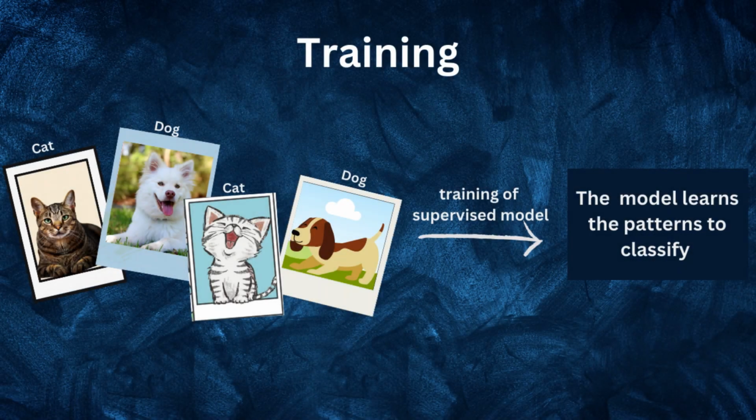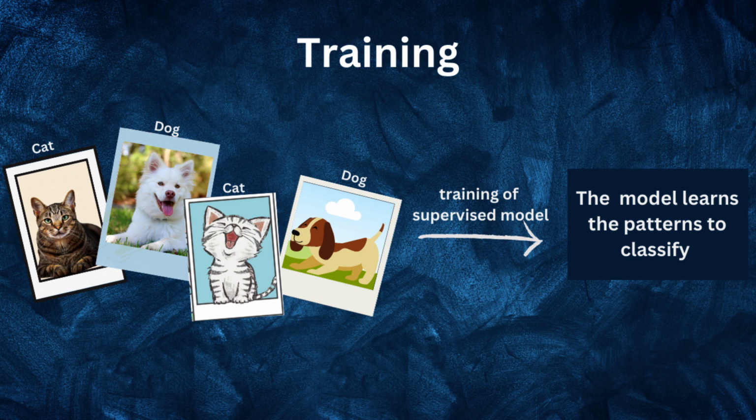Let's use an example to understand supervised learning. Imagine we have a collection of images of cats and dogs, and each image is labeled as either a cat or a dog, as you can see. We want to teach a machine learning model to recognize the difference between these two animals. During the training process, the model carefully examines the labeled images to find common features that distinguish cats from dogs.